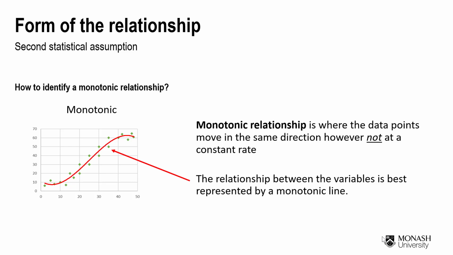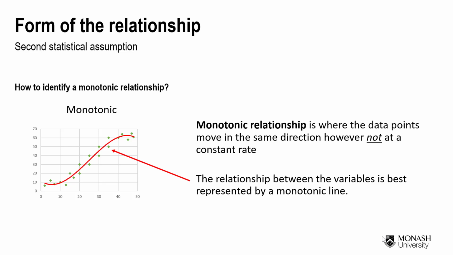A monotonic relationship is present when the data points move in the same direction, however, not at a constant rate. Hence, the relationship between the variables is best represented by a monotonic line.